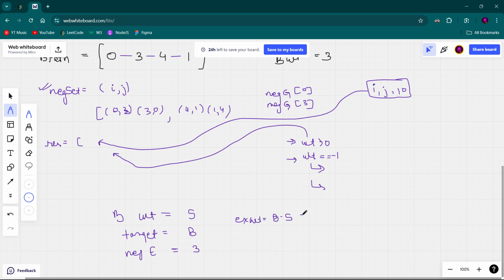Simple. So 5, 6, 7, 8, that's 3. So what I will do is append 3 on my first negative best edge. Suppose these are all my negative ones in my best path. So I'm going to put 3 here. And in the rest of them, I am going to put 0.